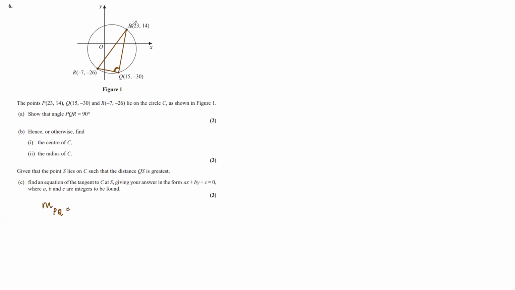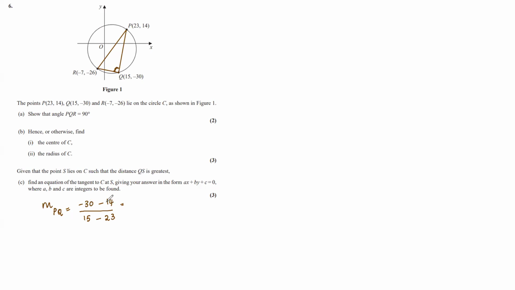So we know the gradient of PQ is y2 minus y1 over x2 minus x1. So y2, that is -30, minus y1, that is 14, divided by x2, which is 15, minus x1, that is 23.